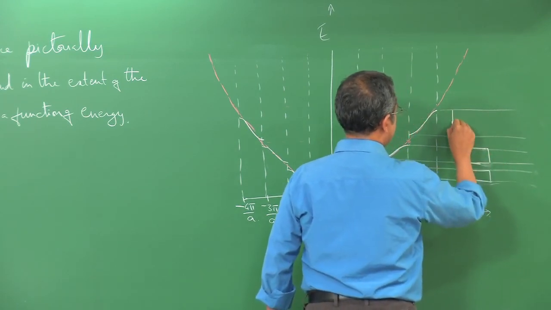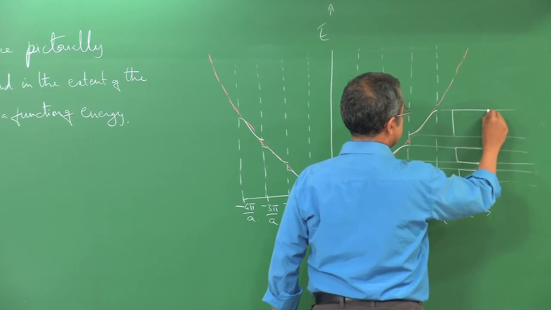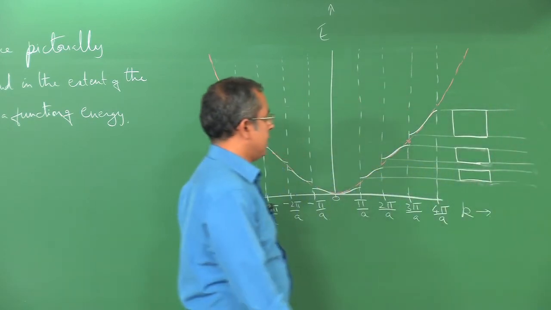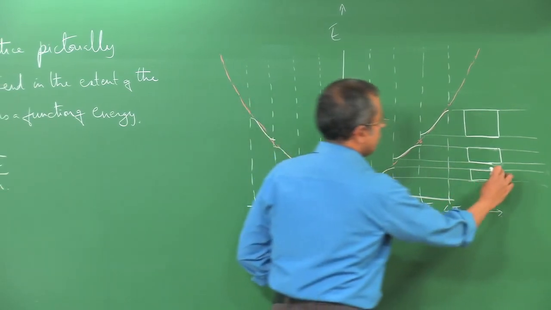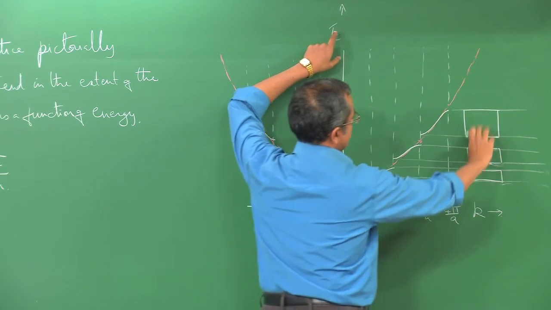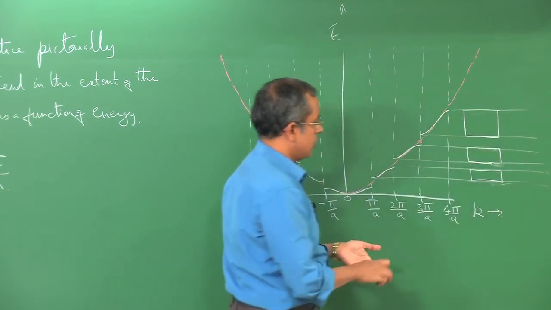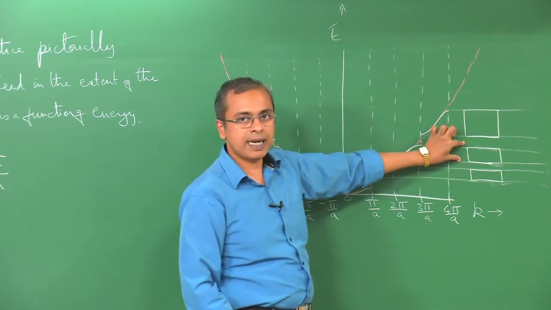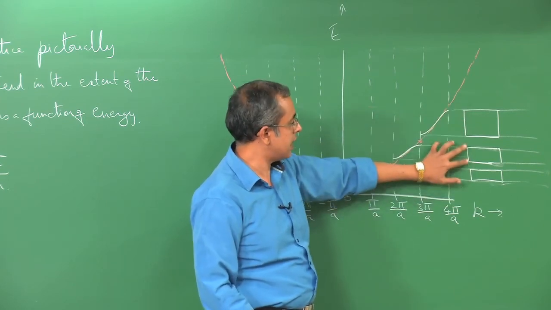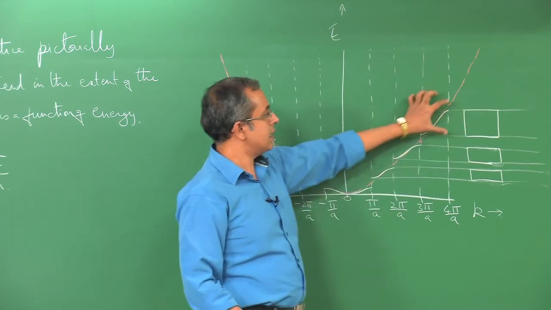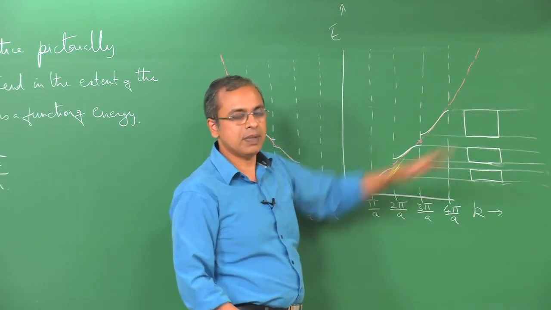And this would be the band above it. So, the question is, what is the trend in the extent of these bands as a function of energy? So, energy is going up, what is the trend in the extent of the bands? So, as you can see, as the energy goes up, the extent of the band actually keeps increasing. So, you have a smaller band, a little larger band, and an even larger band as you go up. So, as you go up in energy, the extent of the band increases. So, that is the basic answer.